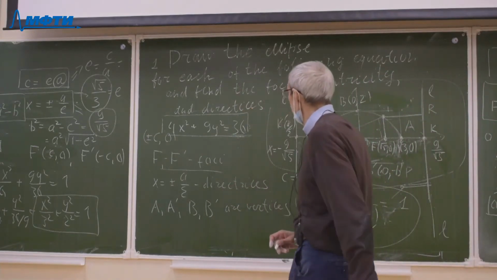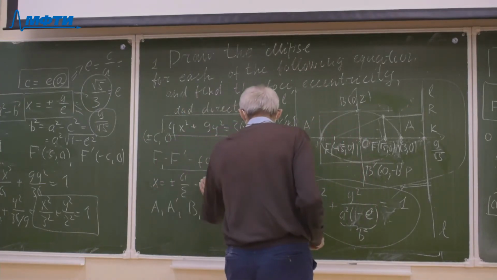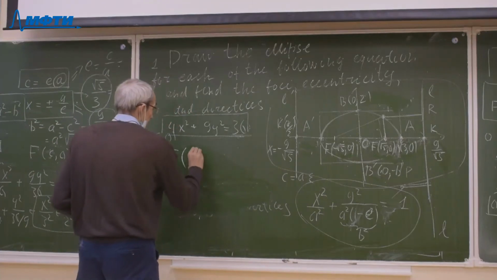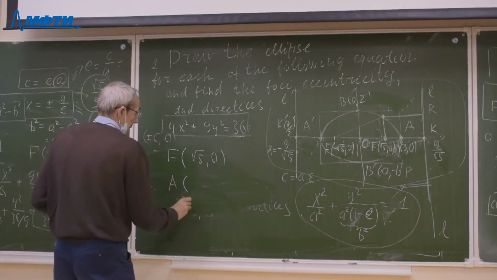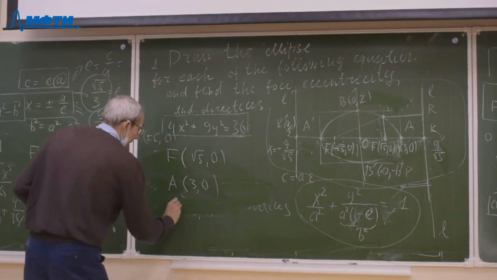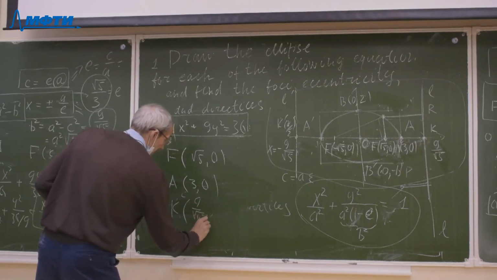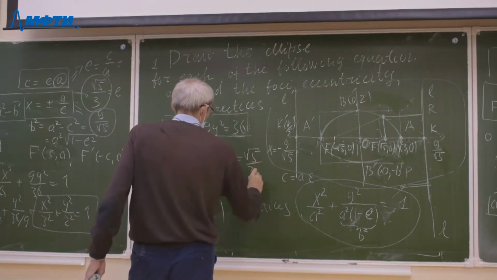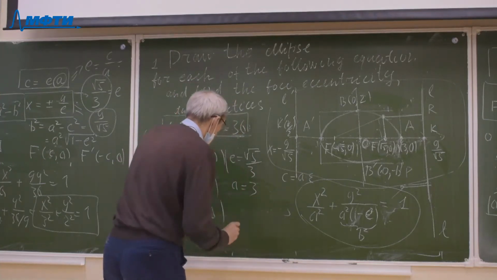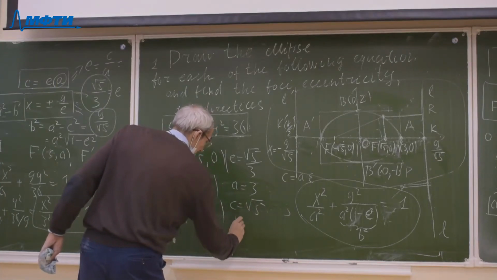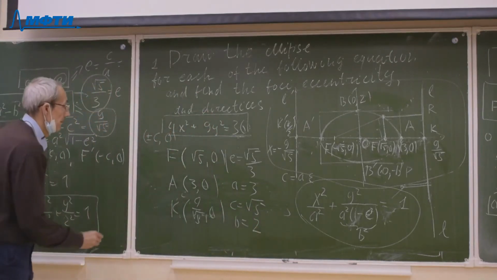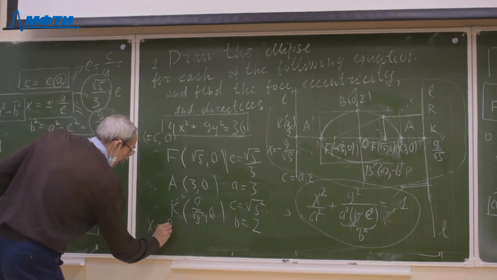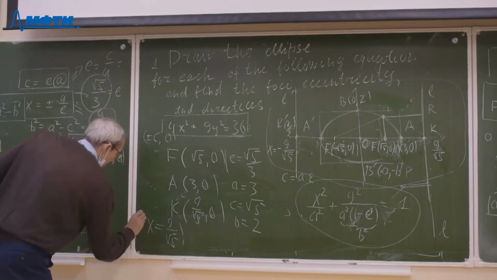This ellipse has the following parameters: F has coordinate, A has coordinate 3, 0, K has coordinate, eccentricity, directrix, directrix side.